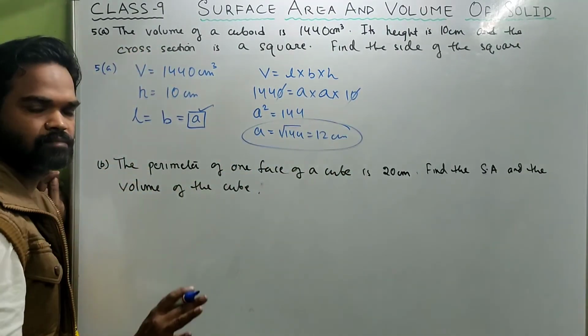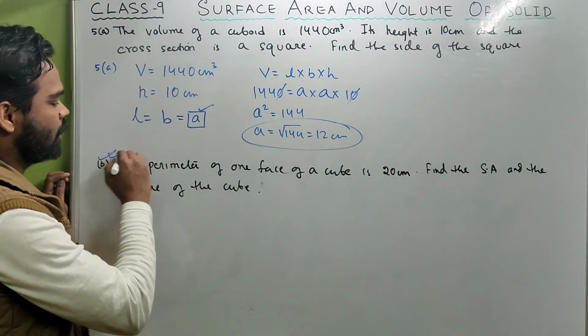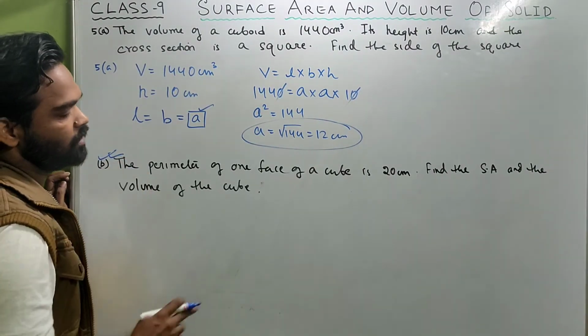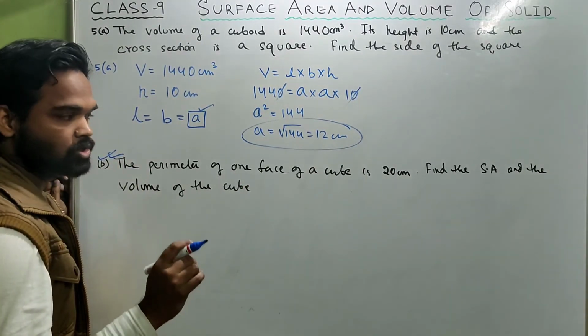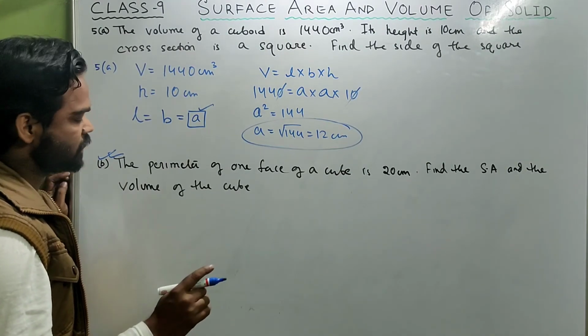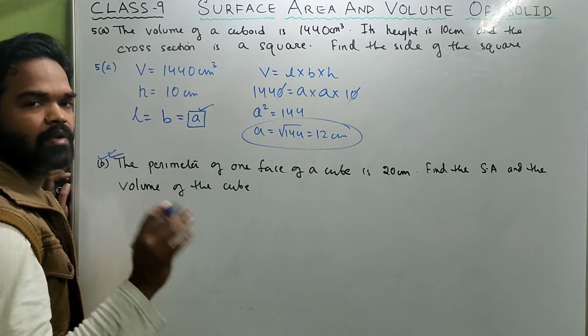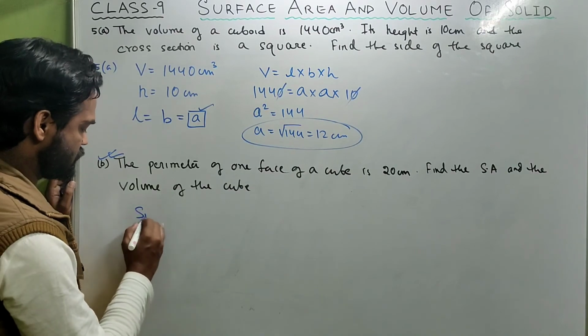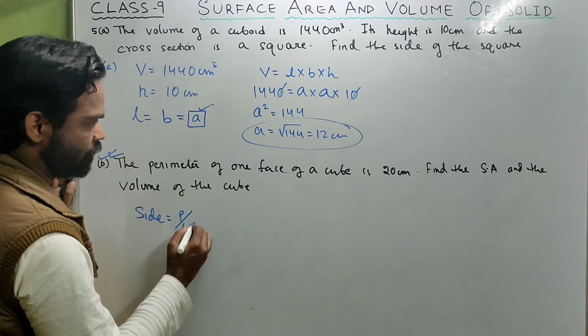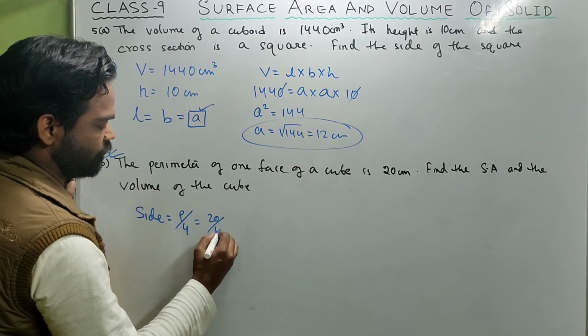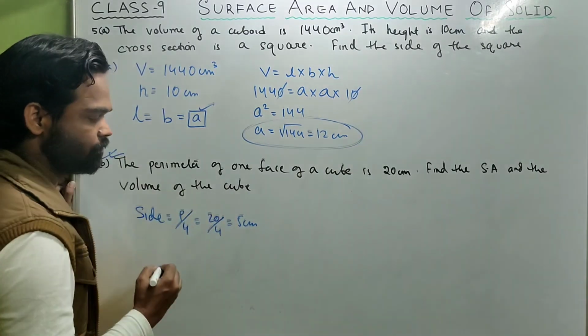Pretty easy, isn't it? Number 5 part B. The perimeter of one face of a cube is 20 centimeter. Find the surface area and the volume of the cube. The perimeter of one face is given, which means side will be P by 4. That's 20 by 4. That's 5 centimeter, isn't it?